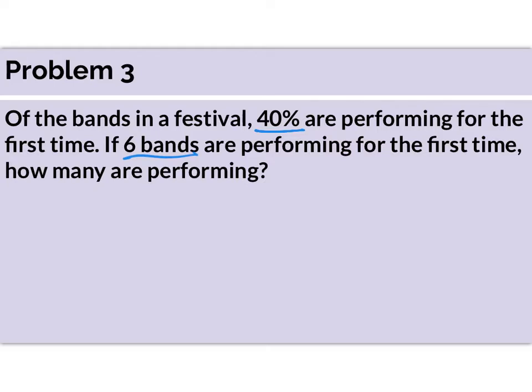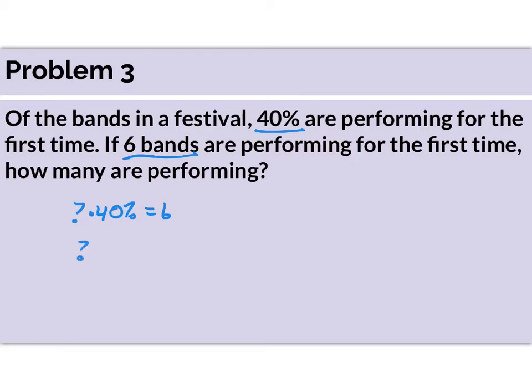So we have how many bands times 40% equals 6. Because you can't put the 6 and the 40% together, because they're both first time. So how many bands times 40% will give you 6 bands performing for the first time?